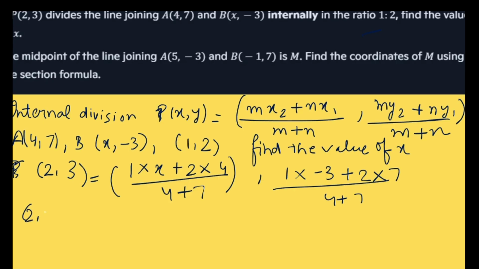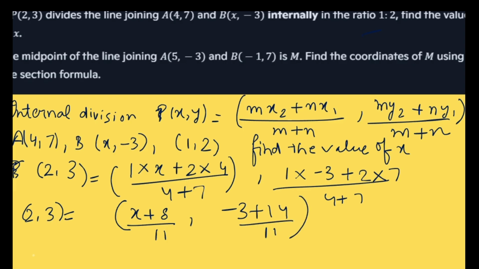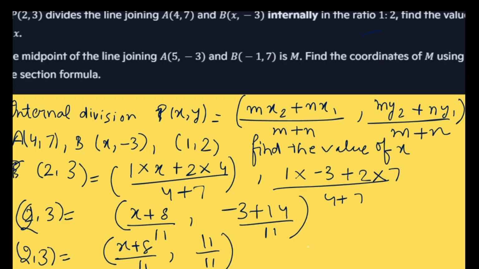So (2, 3) is equal to ((x plus 8) by 3, (minus 3 plus 14) by 3). So (2, 3) is equal to ((x plus 8) by 3, 11 by 3).